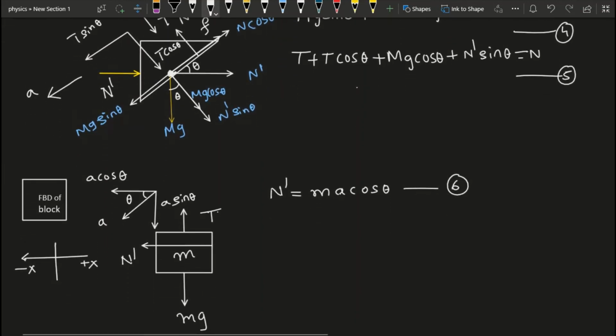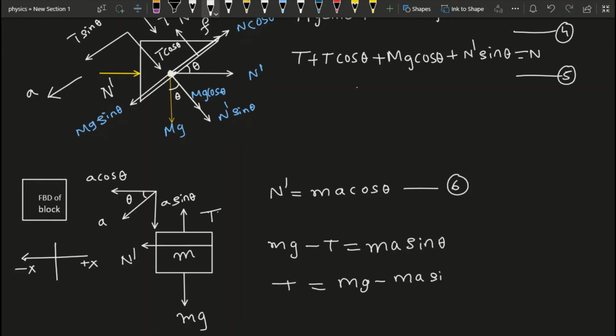Okay, now we are going to write another equation for small m, and mg is acting in downward direction and the tension is acting in upward direction, and you can simply write mg minus t is equal to ma sin theta. And the tension can be written as mg minus ma sin theta.